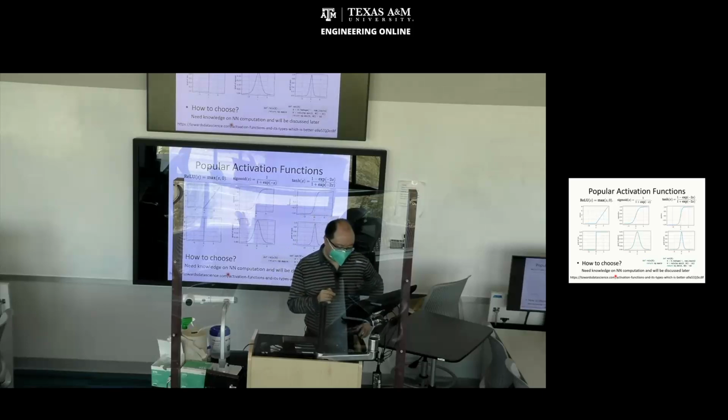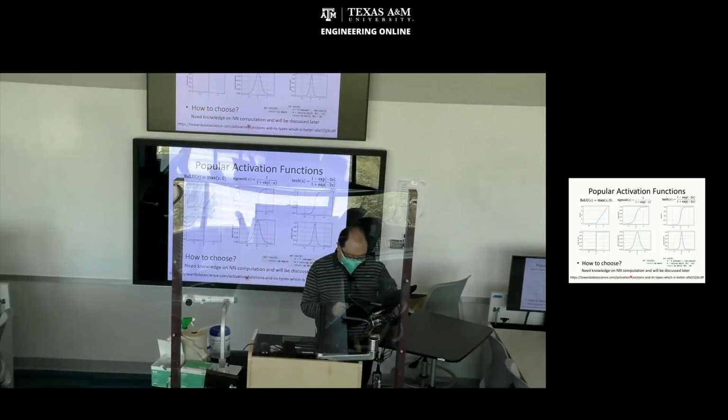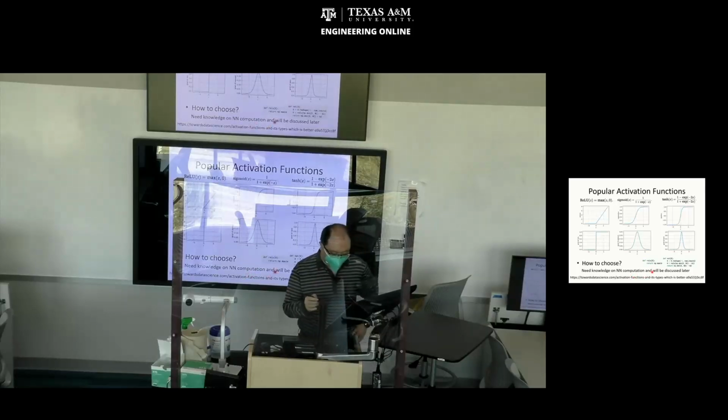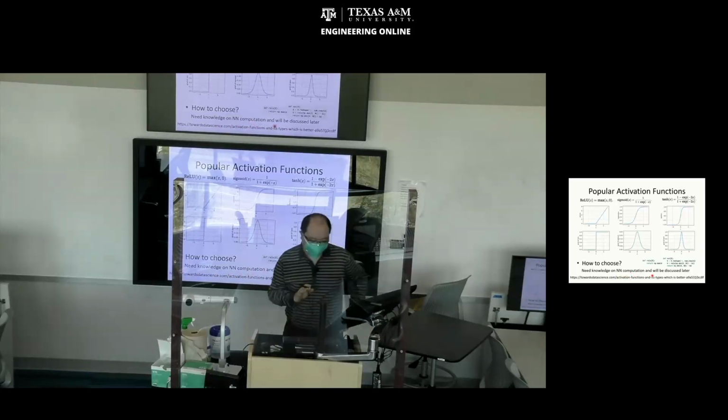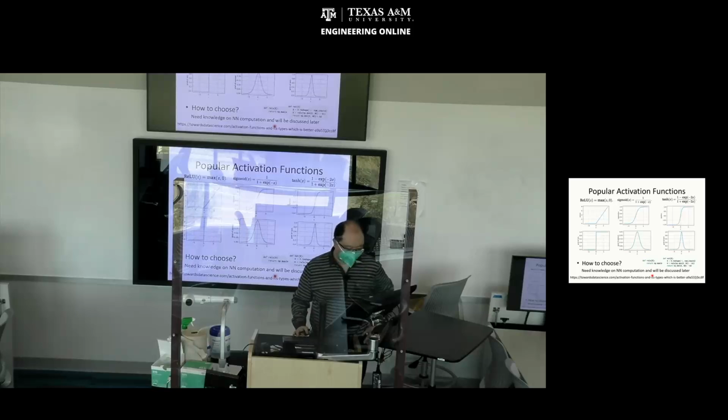Again, if you directly click the link, it may not work, because every time there's a hyphen, the PowerPoint-converted PDF does not represent the hyphen correctly. It's using a different ASCII character. So I apologize. I hope you can simply replace those characters with hyphens, okay? Or Google this link. Any questions so far?